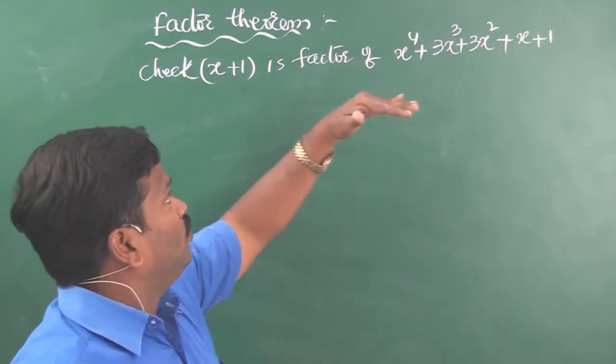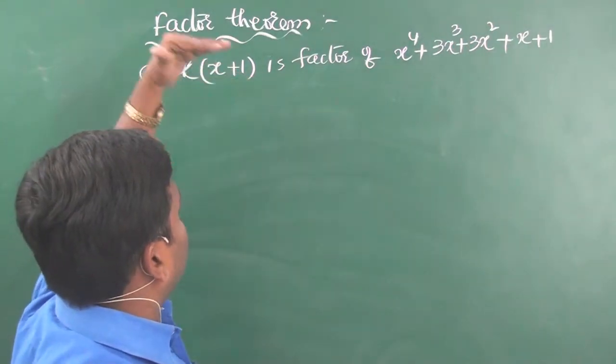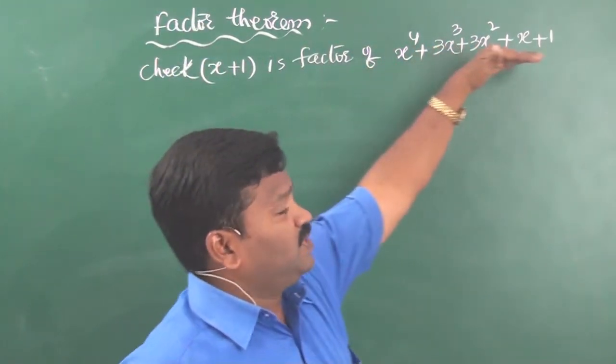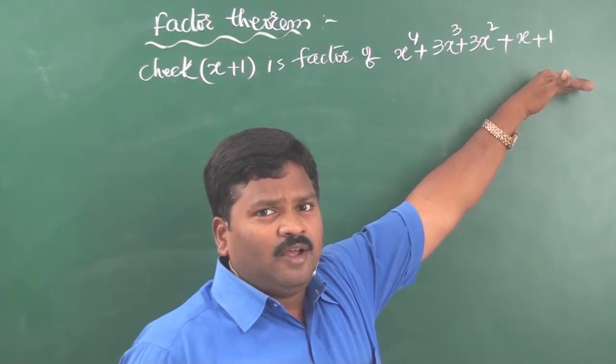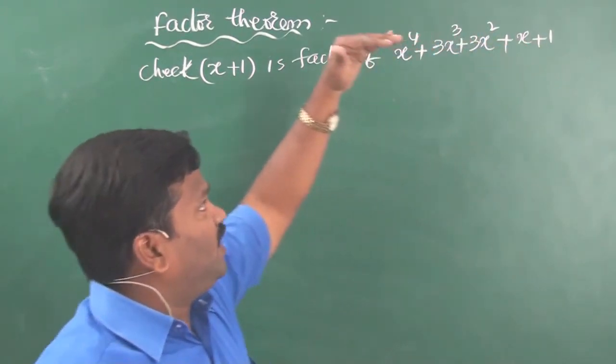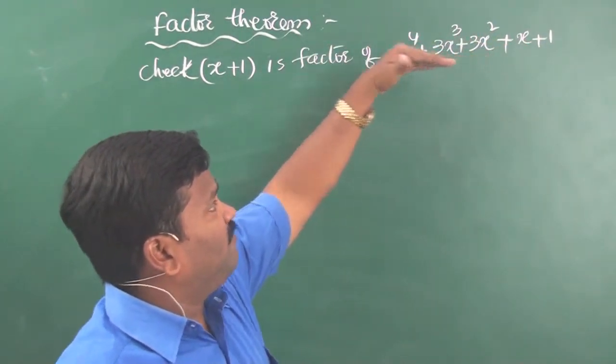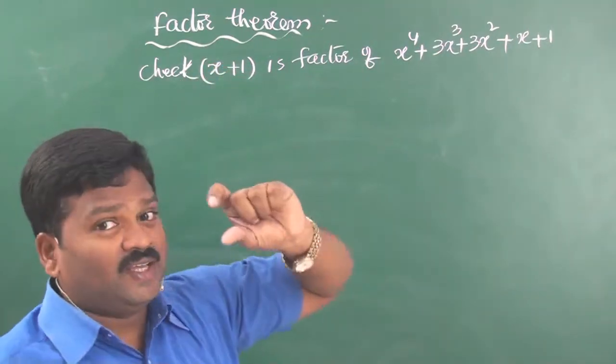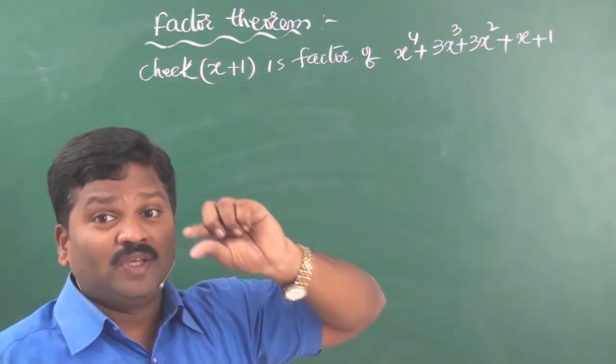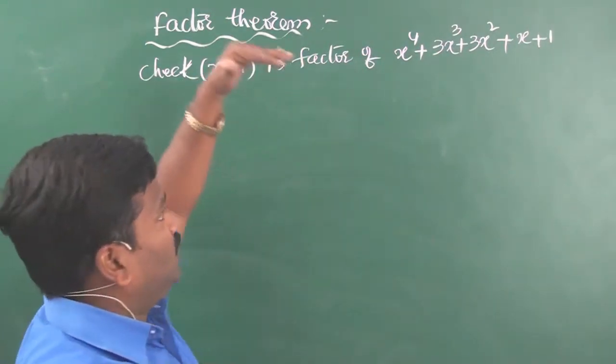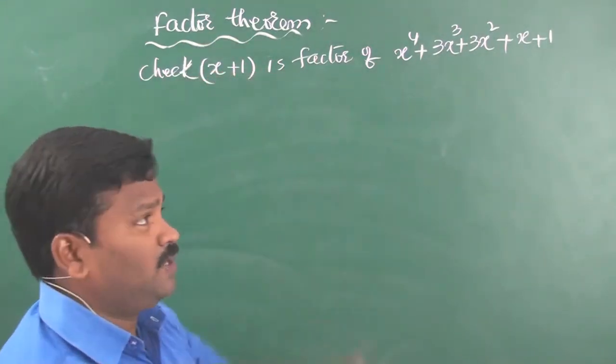How can you check whether x plus 1 is a factor of this given polynomial? Very simple. If you divide any polynomial by a first degree polynomial and you get 0 as the remainder, then the divisor becomes a factor.